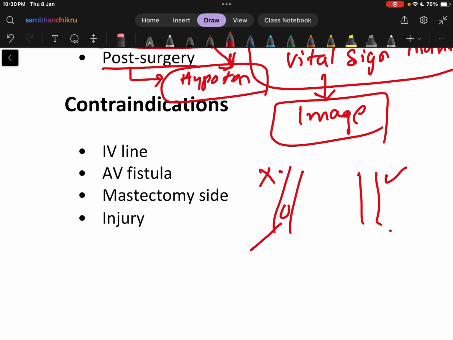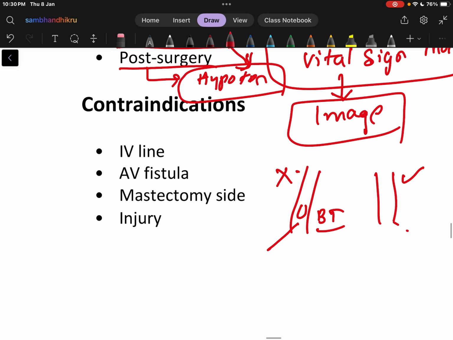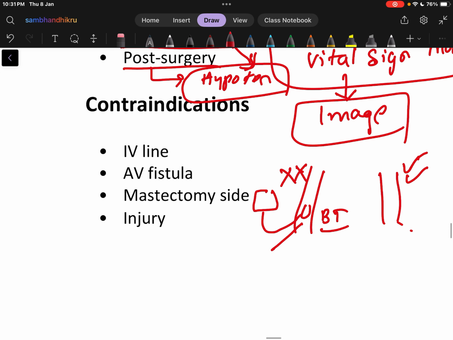For blood transfusion they will use one arm, so if blood transfusion is being done you should not assess from this side; you should assess from the other side. Suppose here they fixed the IV line, or here they fixed the BT tube, at that time you can use the opposite arm rather than the same arm.